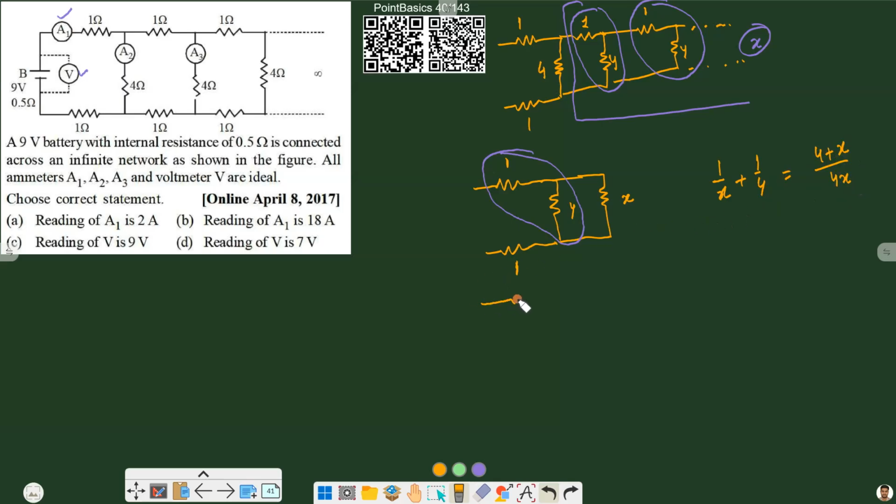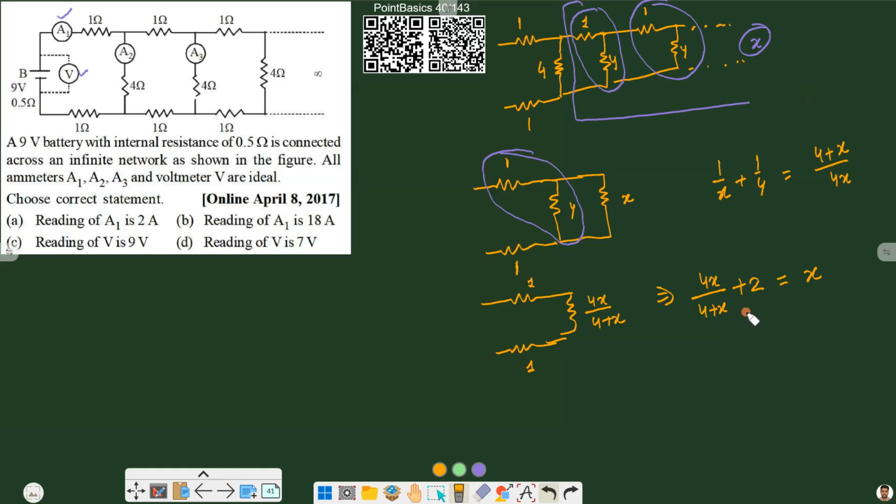So this can be represented as 1 by 1, and this is 4x by 4 plus x. So combined resistance will be 4x by 4 plus x plus 2, and this will again be equal to x, because this is an infinite series, and adding or subtracting something from it does not change its effective resistance.